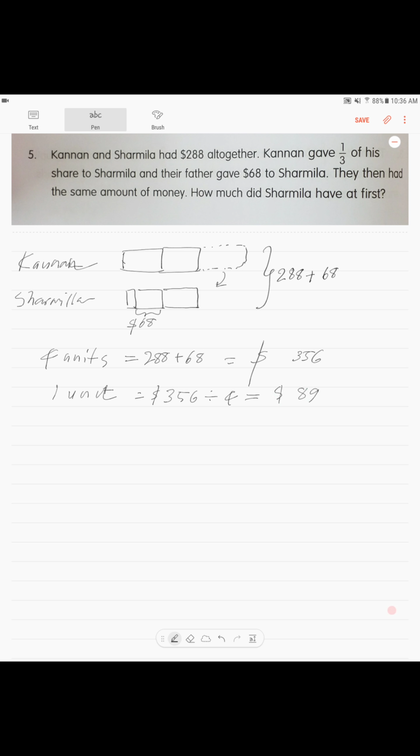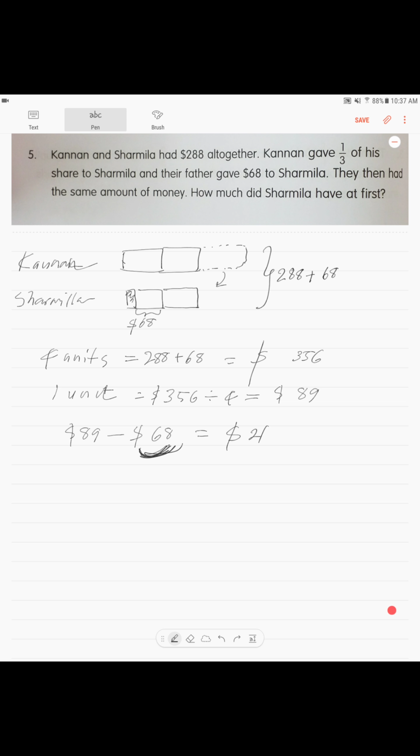$89, right? $89 minus the money that father gave, $68. This is the money that father gave, right? Is $21. So we are looking at this unit, right? This unit is made of 2 parts.